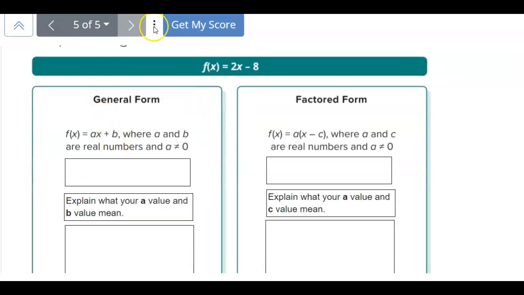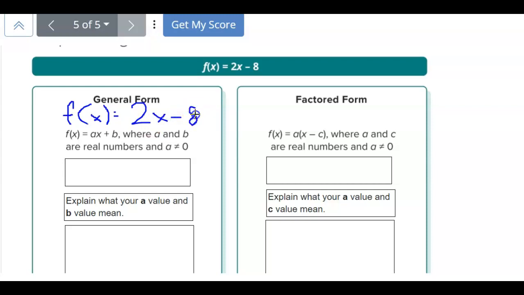All right. So f of x, what we're remembering is f of x equals 2x minus 8.